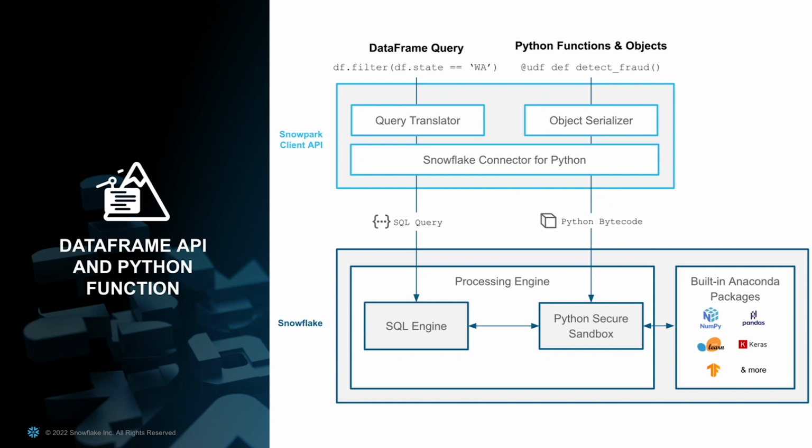When a Python stored procedure is invoked in the processing engine, the SQL engine connects to the Python sandbox, which in turn connects to the Anaconda packages supported within Snowpark. So you don't have to build any NumPy or pandas packages along with your code. All you have to do is import those packages, and they are pulled from our Anaconda packages.